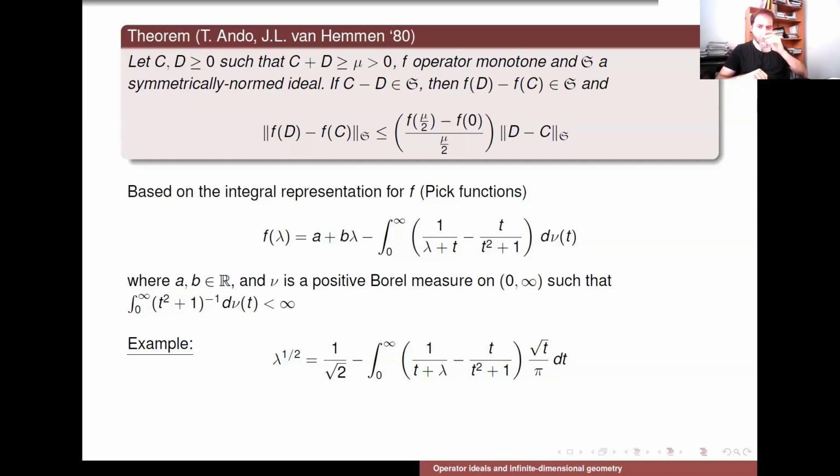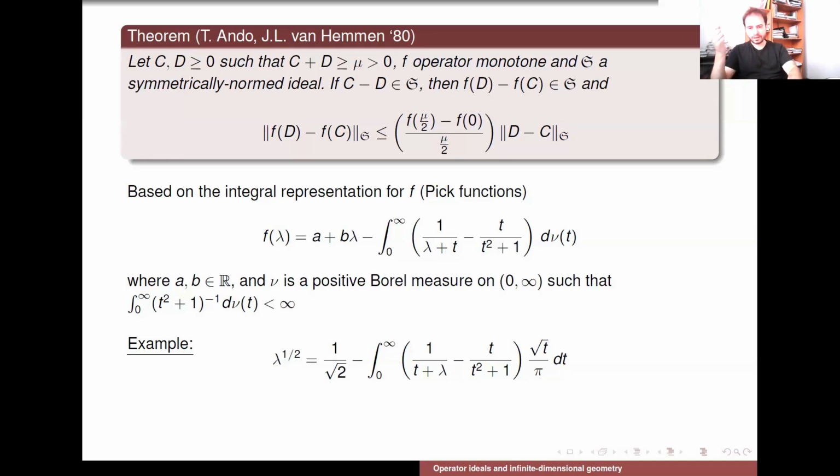And this class of Pick functions are holomorphic functions that map the upper half plane into itself.